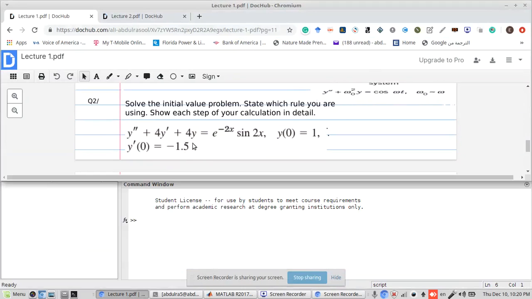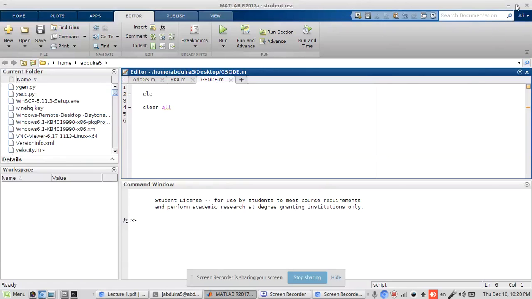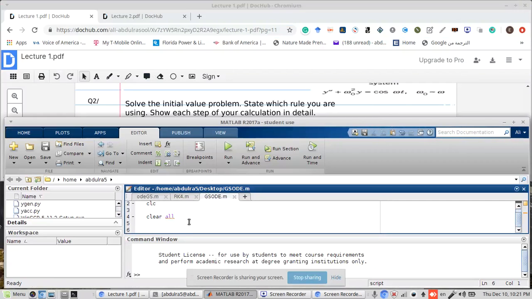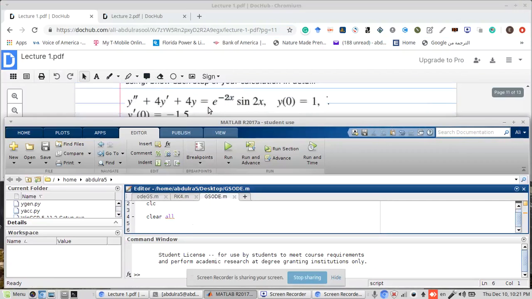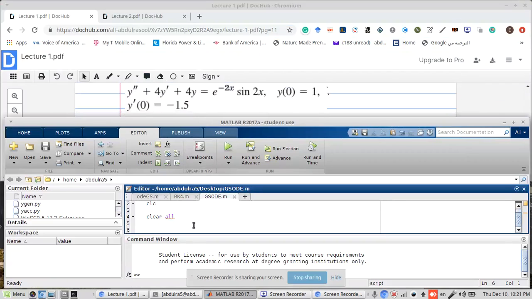So if we want to interpret these equations into Matlab, all you have to do is to write some sample for the ODE equals to the second derivative. How can I write the second derivative? Well, from this definition, y in terms of x, 2, that means the second derivative.